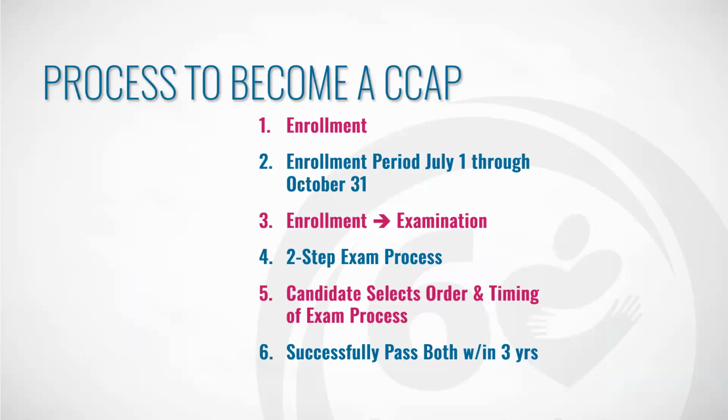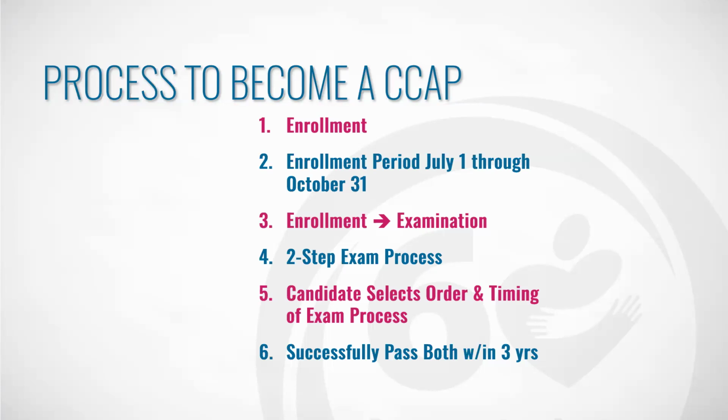So you've got your enrollment. You know you need to get your enrollment in July 1st through October 31st. Everything has to be in and complete by October 31st. You'll then go from enrollment to the first opportunity for examination, which is April of the following year.